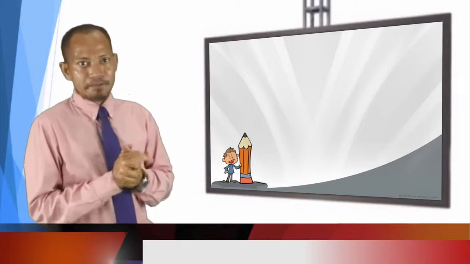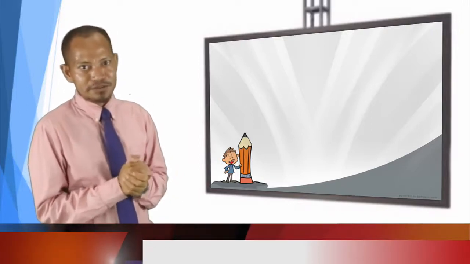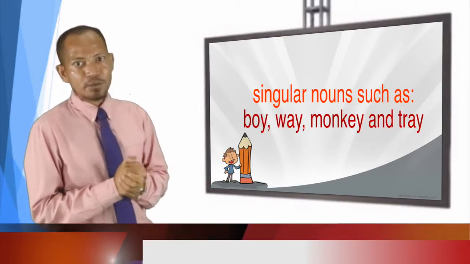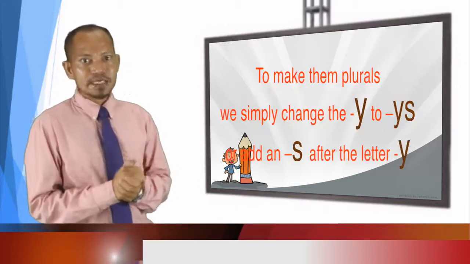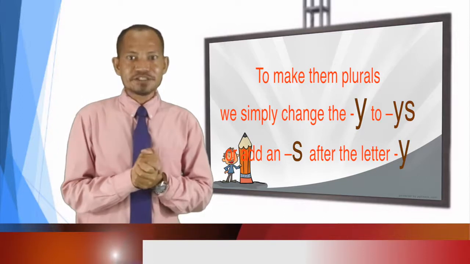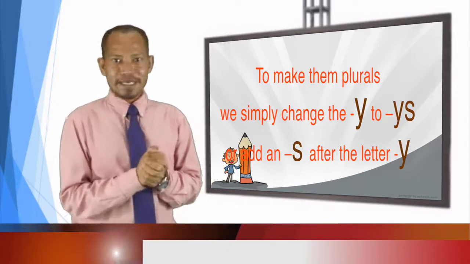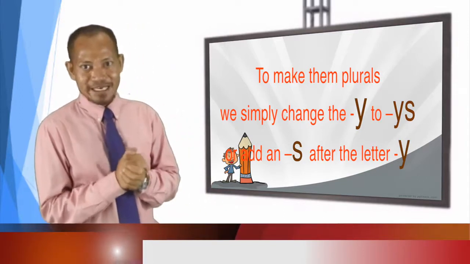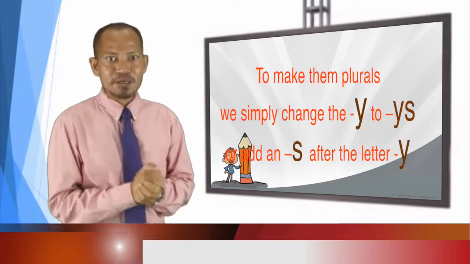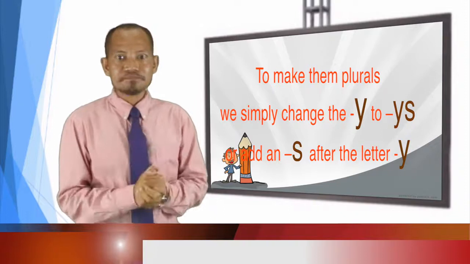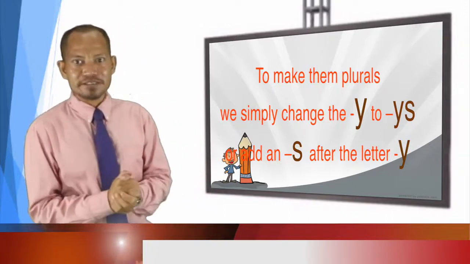Okay, please pay attention to the singular nouns such as boy, way, monkey, and tray in the first column. To make them plurals, we simply change the Y to YS or add an S after the letter Y as in the example in the second column, based on the previous explanations.